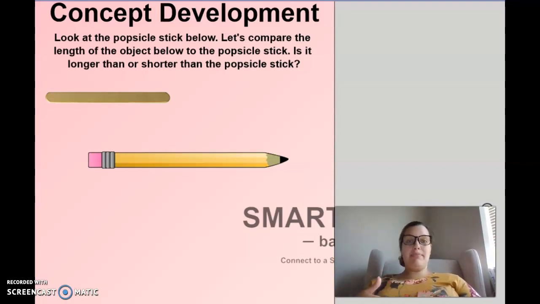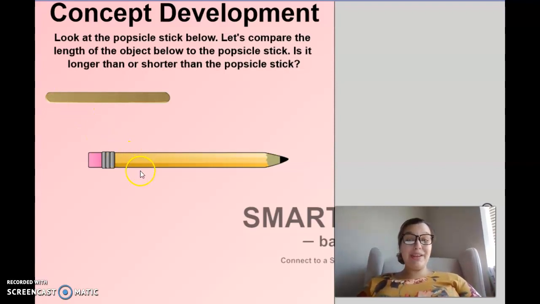I want to look at the popsicle stick and compare it to the length of the pencil. I want you to think about, is the popsicle stick longer or shorter than the pencil? What would be the first thing we would need to do in order to compare their lengths?